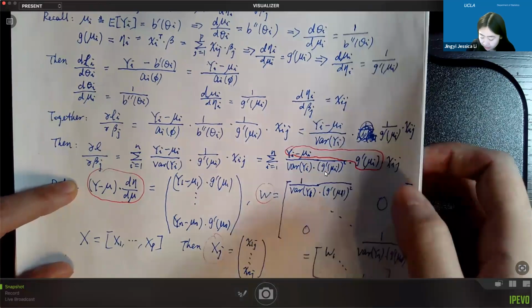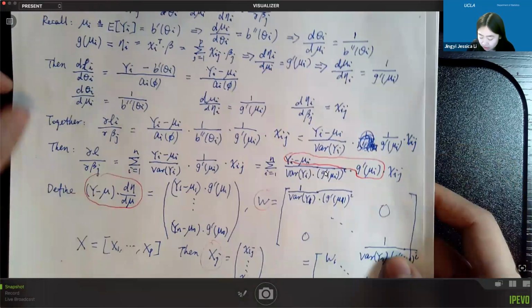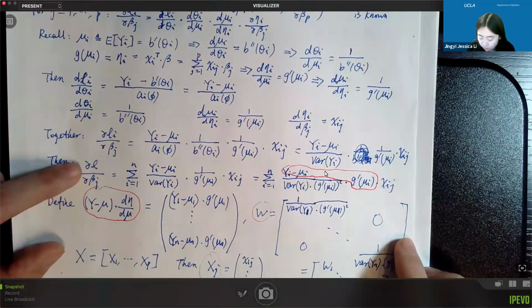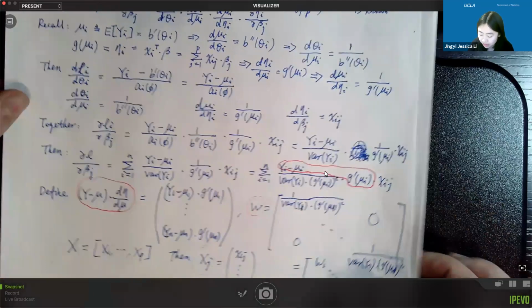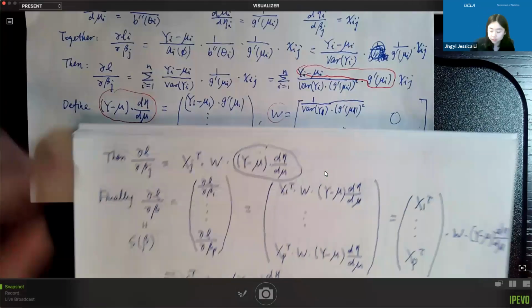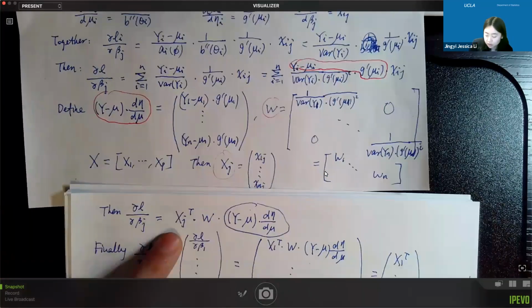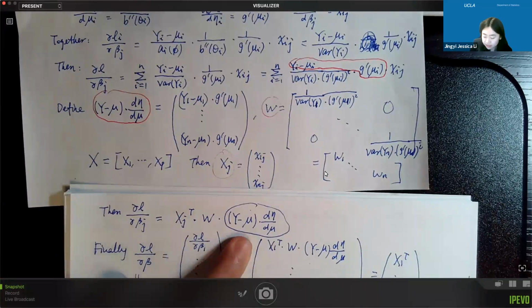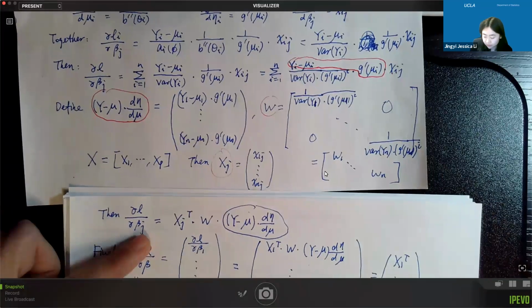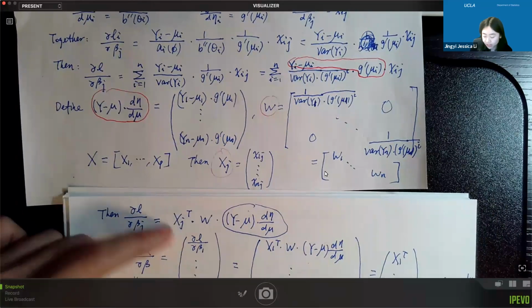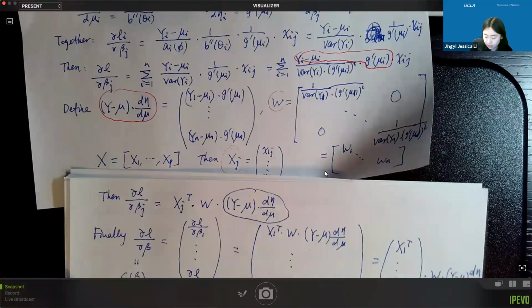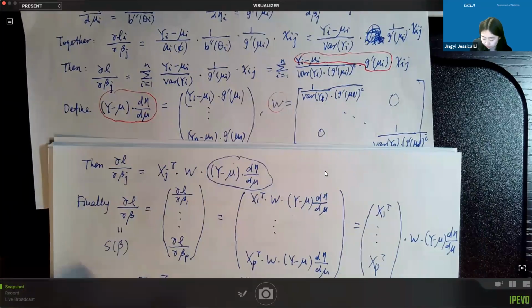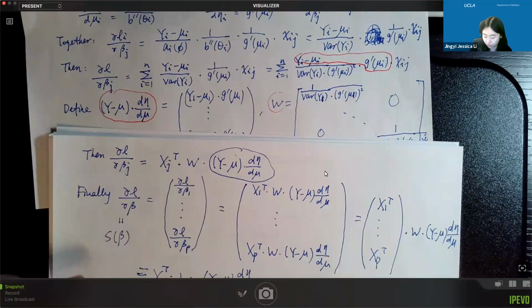Together, we can see that the partial derivative of the log likelihood with respect to beta j can be written in this matrix form, x j transpose W times the vector. Stacking this by j, we get the gradient, which is just the design matrix X transpose W times the vector. That's the score function we have.